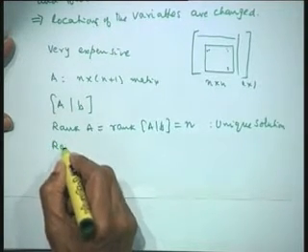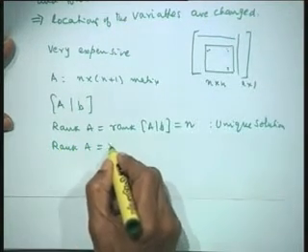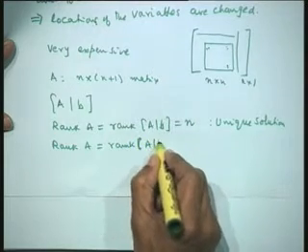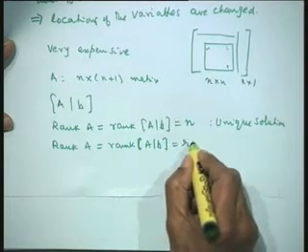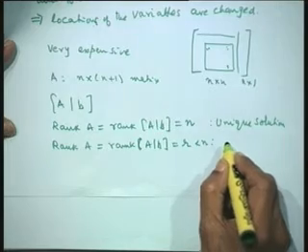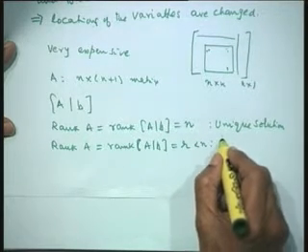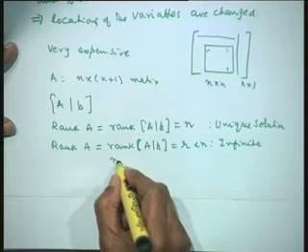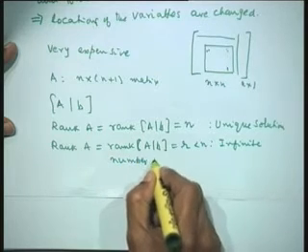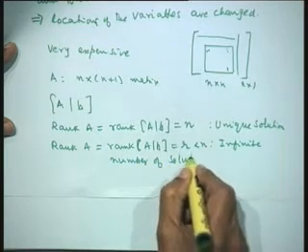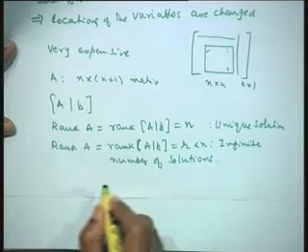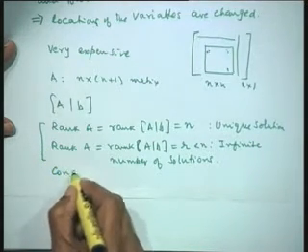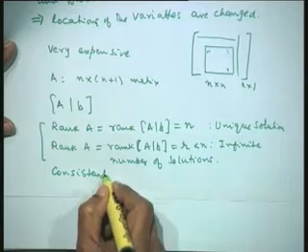Then if the rank of A is equal to the rank of the augmented matrix, which is equal to some r less than n, then we have an infinite number of solutions. In both the cases we call this a consistent system.